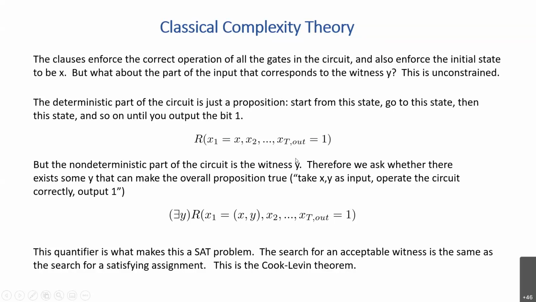It asks for the statement about all these time steps of the computation, that should all be true simultaneously. But the non-deterministic part, this witness, you're really asking whether there exists some witness that you would plug into the Boolean formula describing the operation of the circuit that would make the overall proposition true.